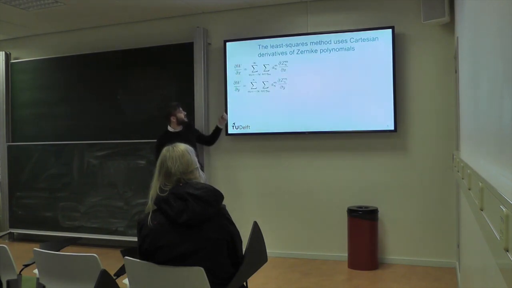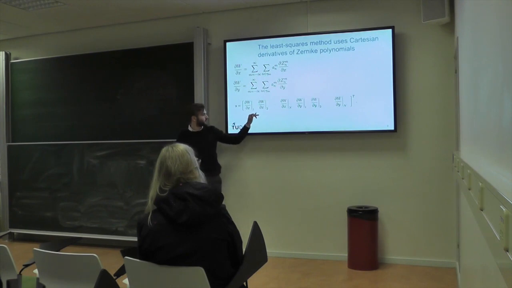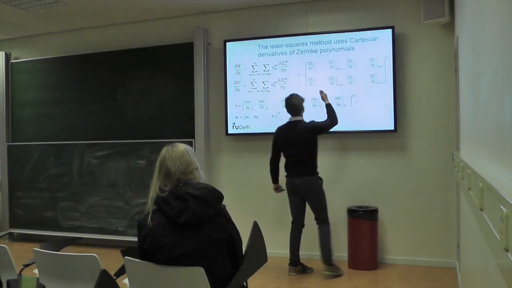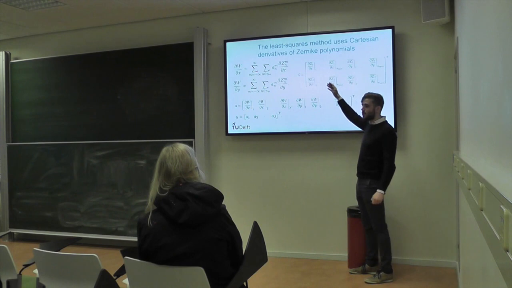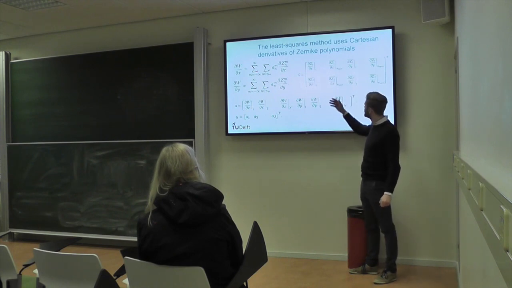So taking this set of equations, we can form a vector S where we put all the information that we gather from the Shack-Hartmann sensor. This is the derivative of the wavefront in spot positions 1, 2, up to n spots. And if we then define our wavefront Zernike coefficients A also as a vector, we can set up a geometry matrix with the Cartesian gradients of all the Zernike polynomials that we want to measure.